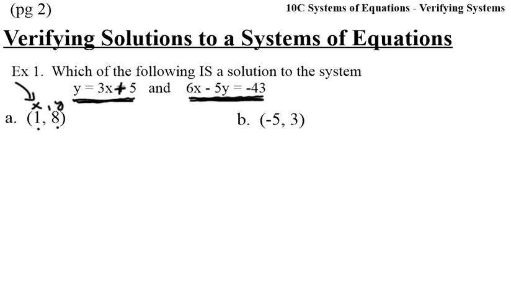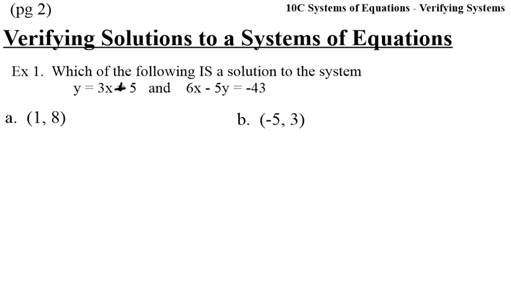In order to know if that's true, when I plug a 1 in for x, the left side should equal the right side. But it's not only an x we plug in, we'd also have to plug in that y. So we have to verify and make sure that the variables that have been identified are the solutions.